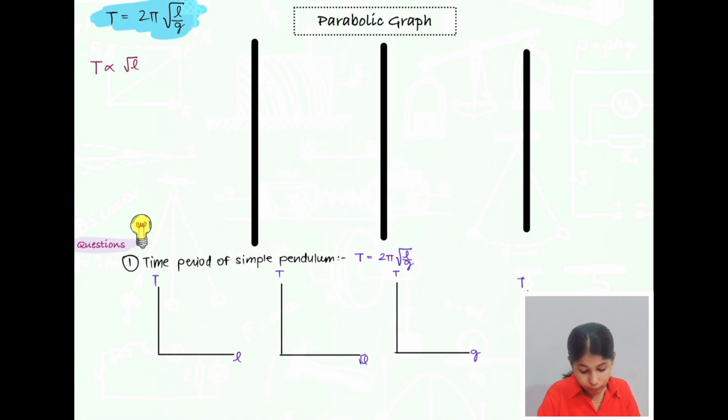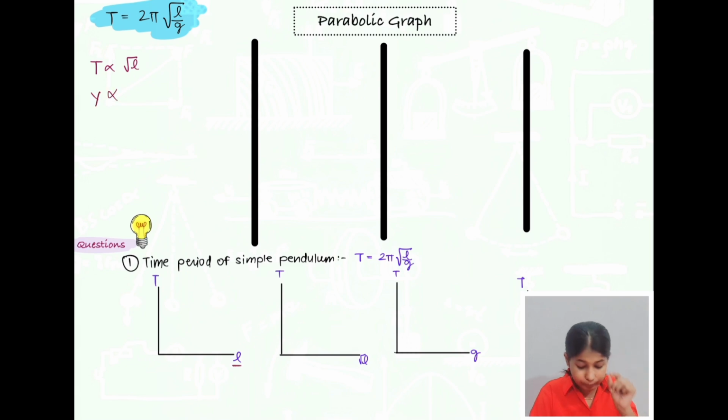And now guess what kind of graph it will form. Okay, it will form a graph like this. But before that, as you know, T is y here, so I'm going to write T as y.